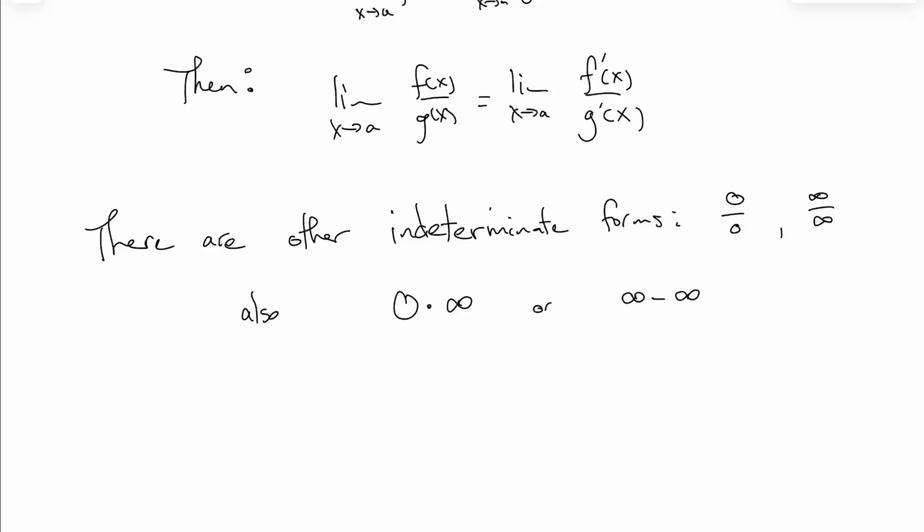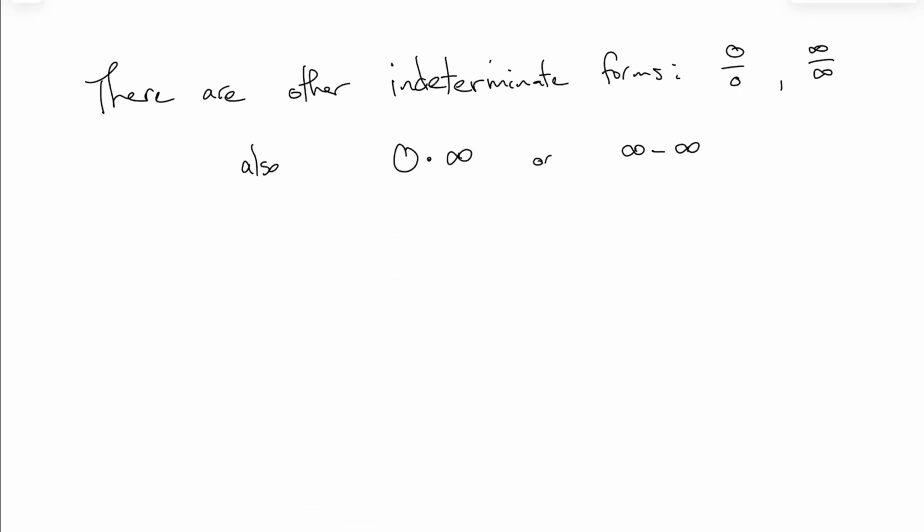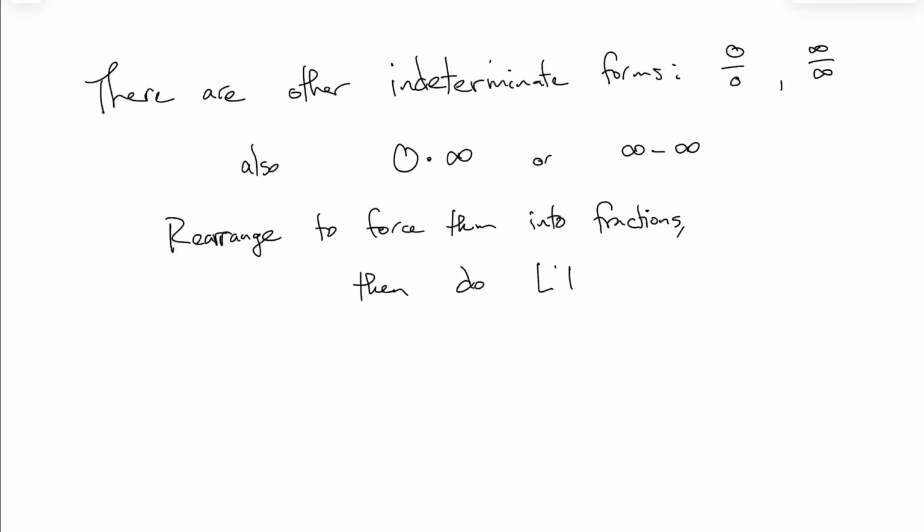And if you really want to work this out, it will give you different answers in different situations, and you should use L'Hopital's rule. And the guidance that I have is, simplify, or not really simplify, but rearrange to force them into fractions, and then do L'Hopital's rule.